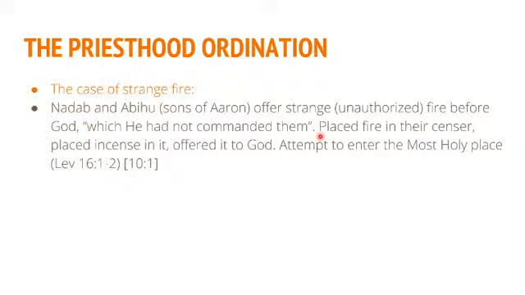In terms of the specifics of what exactly they did contrary to what God said, we don't know. But what we do know is that whatever they did was contrary to the instructions God had given about how they were supposed to function as priests. And as a result, they died for that.